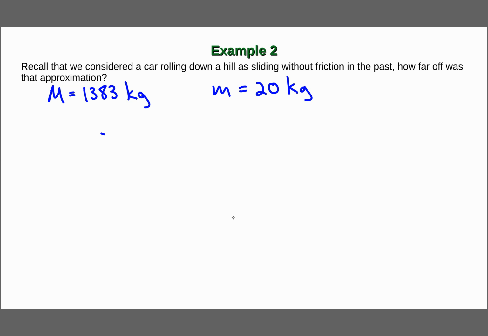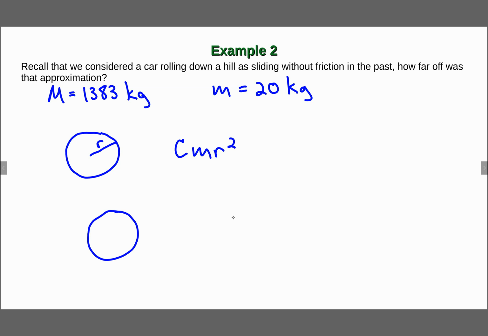And if we have some round object, if you go look in the table of moments of inertia, they usually look like C M R squared, where this is R. And this constant is what changes from object to object. But that constant is always less than 1, except for something that's a real thin ring. Technically, it has to be an infinitely thin ring for it to be truly 1.